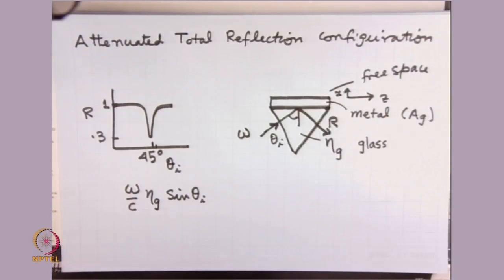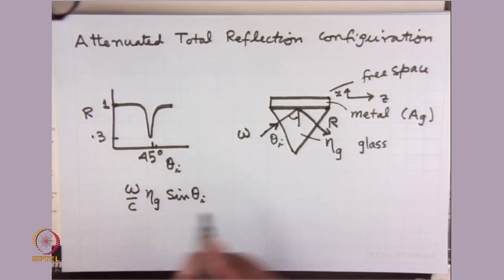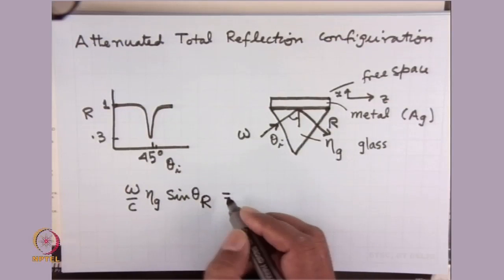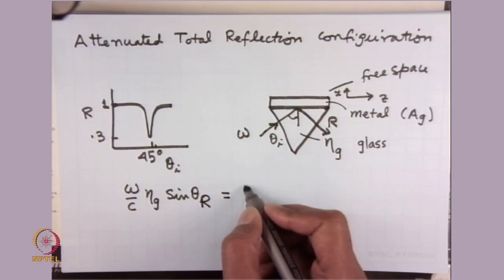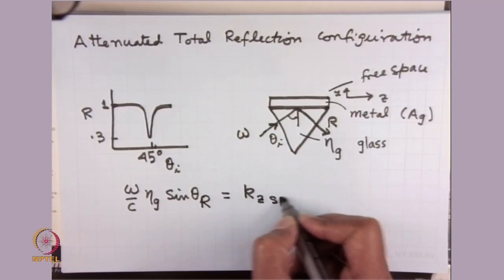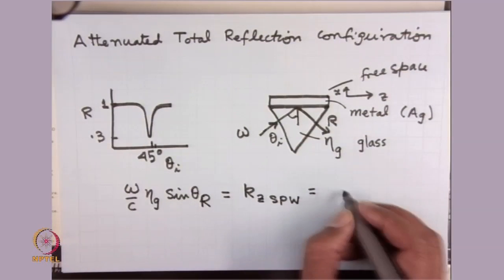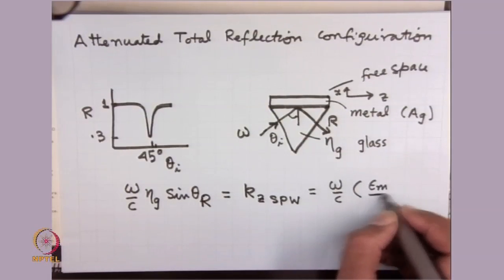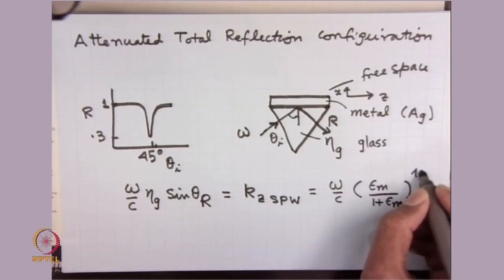And what has been found is that the value of theta I for which this resonance occurs, let me call this angle theta r, occurs when this is equal to kz of the surface plasma wave, which was equal to omega by c, epsilon m upon 1 plus epsilon m to the power half.